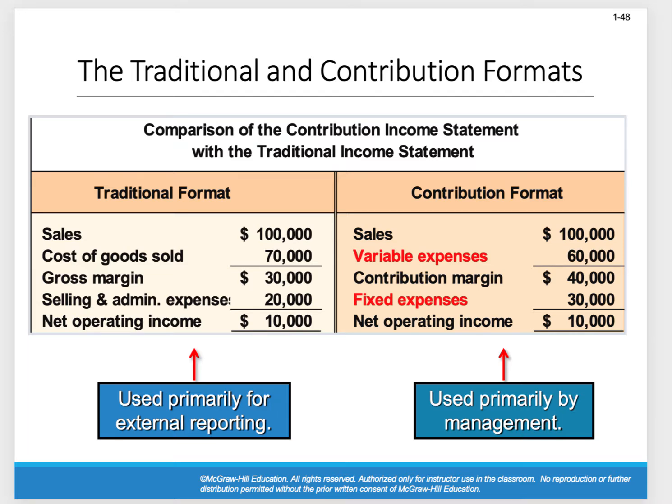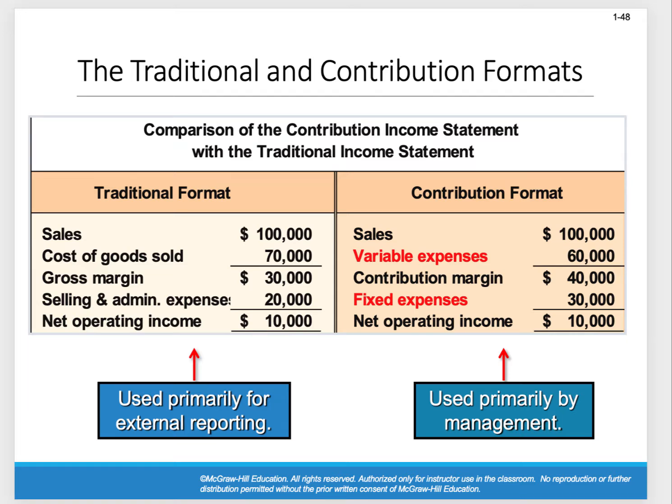Okay, so how we prepare the traditional format income statement is we take our sales and subtract out our cost of goods sold. Cost of goods sold are really our product costs, those manufacturing costs, because they're synonyms for one another. So that's the direct material, the direct labor, and the manufacturing overhead.